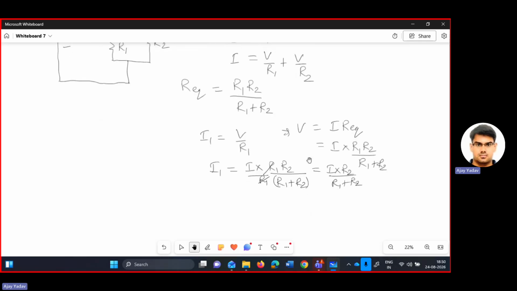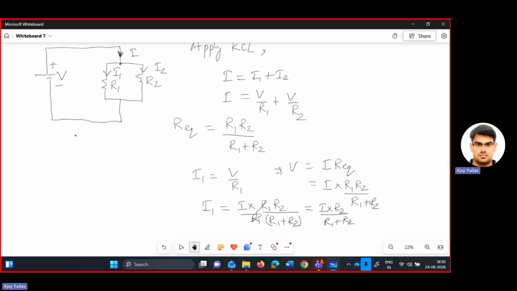Similarly, you can calculate the value of I2. I2 will be the source current into the resistance of the opposite branch. I am talking about this branch. The resistance of the opposite branch is R1, divided by the sum of the resistances, that is R1 plus R2.